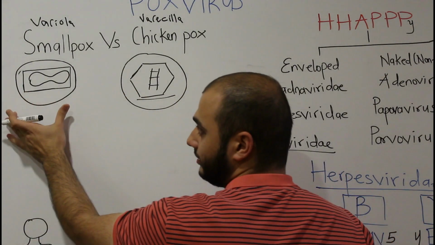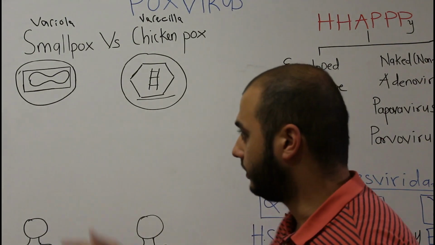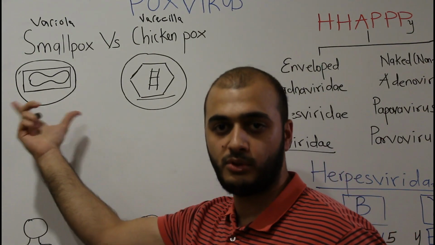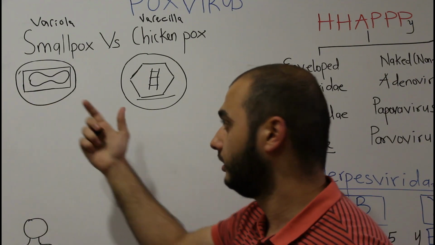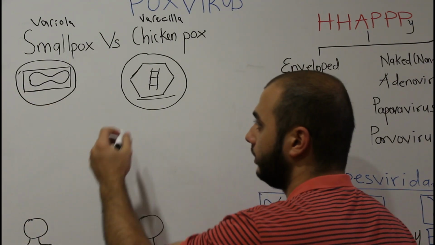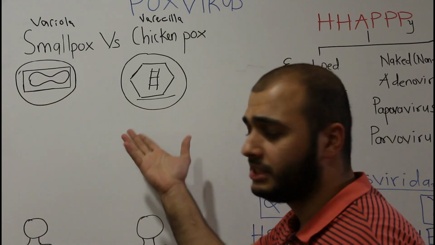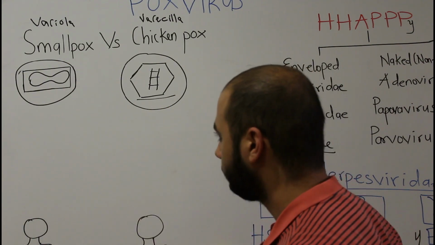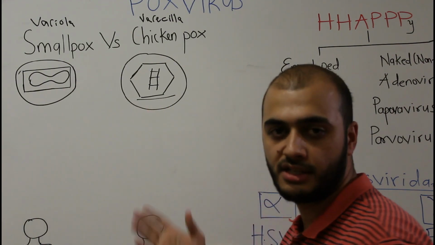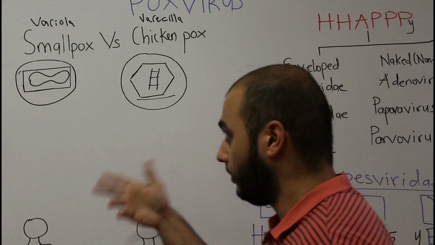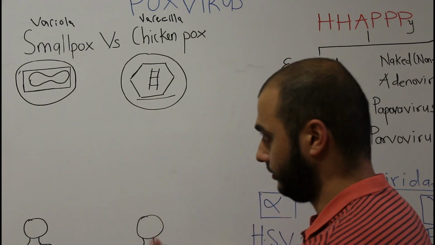The other difference, as we said in the first video, is that smallpox is the biggest virus among all DNA viruses, even among all viruses, while chickenpox takes middle size. So these are differences that we already said, and now we are moving to the new differences.